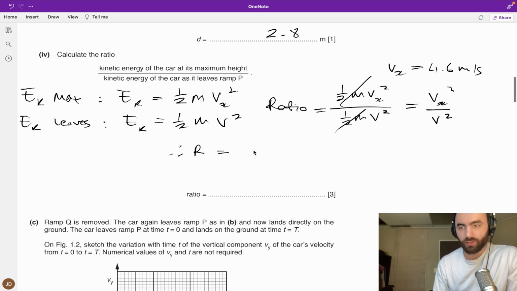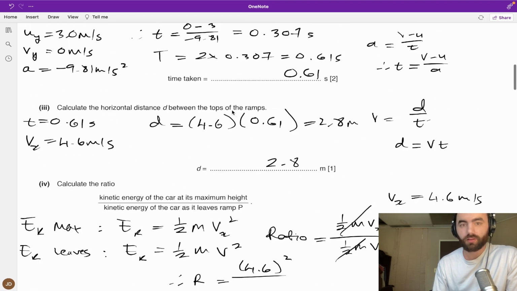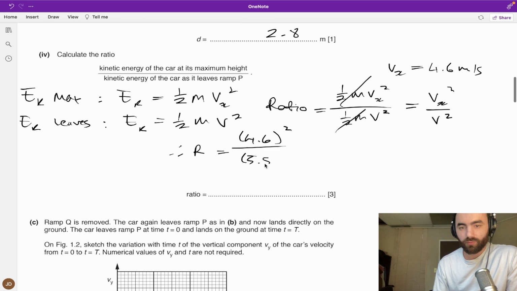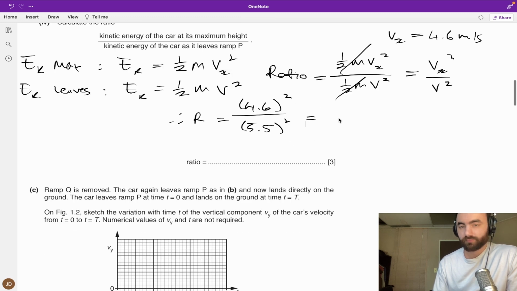Therefore, the ratio will equal 4.6 squared divided by the velocity at the start, 5.5 squared. So you get 0.6995. Rounded to two significant figures will just be 0.70. Rounding to two significant figures means rounding to this figure here.